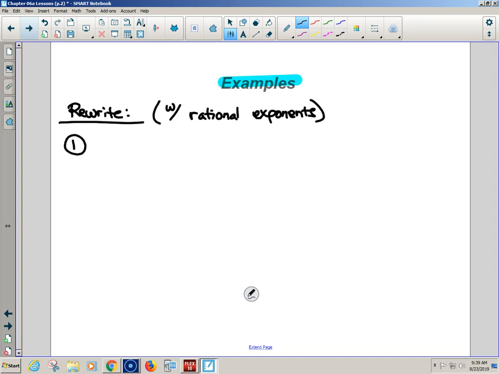So what if I was to give you the cubed root of 5 squared. Okay, rewrite the cubed root of 5 squared.